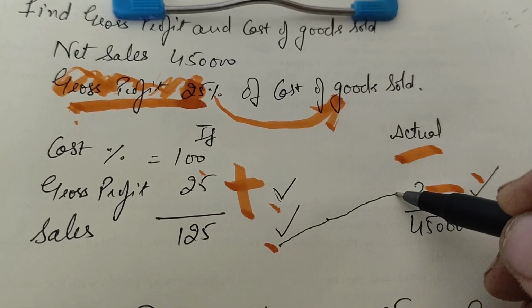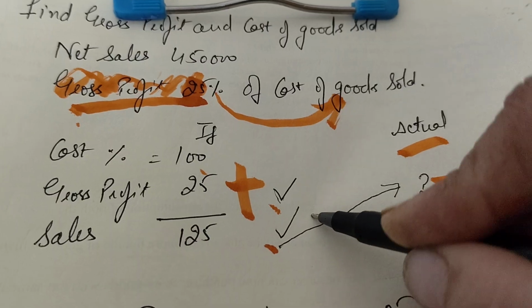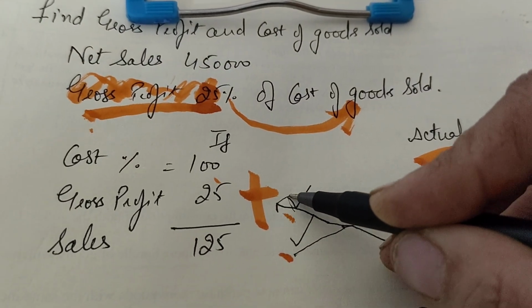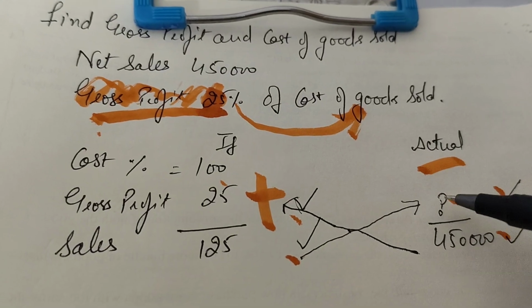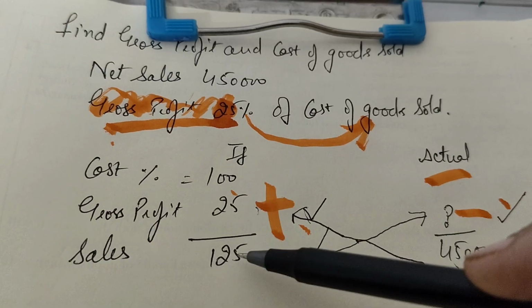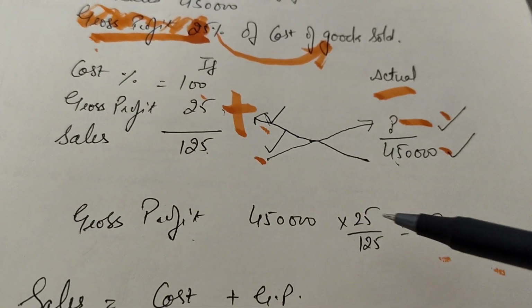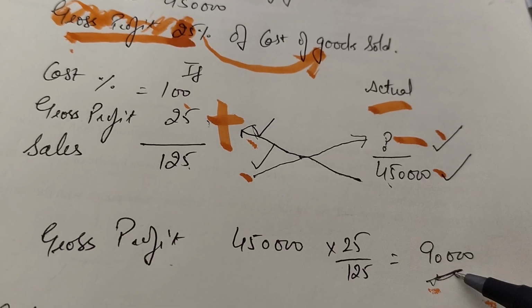So 125 multiplied by the GP value, and 4,50,000 multiplied by 25. So to calculate actual GP, 4,50,000 into 25 divided by 125. The value of the GP here is 90,000 rupees.